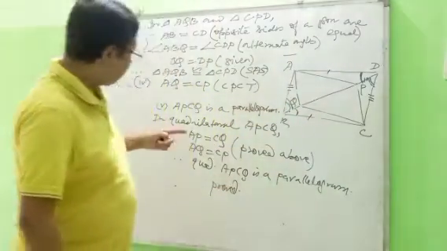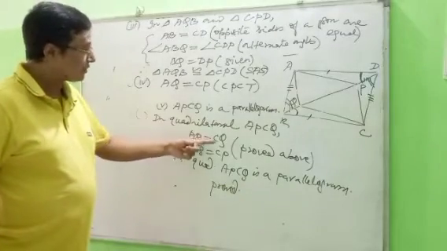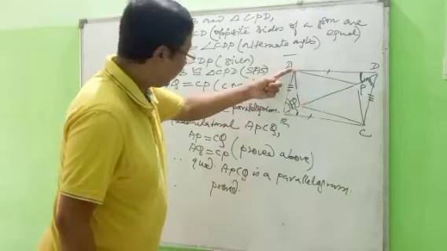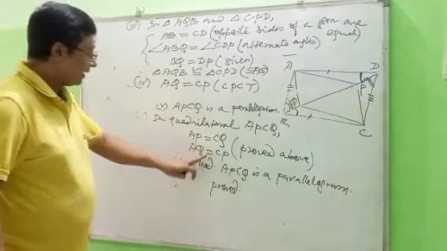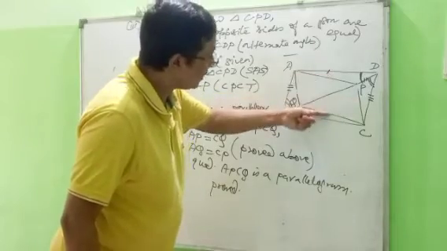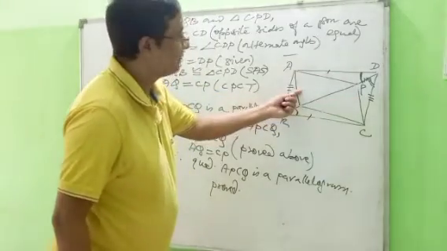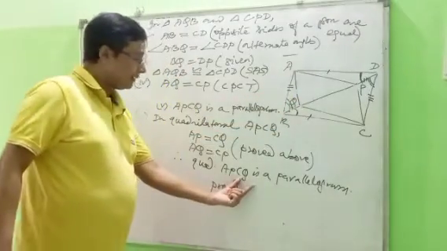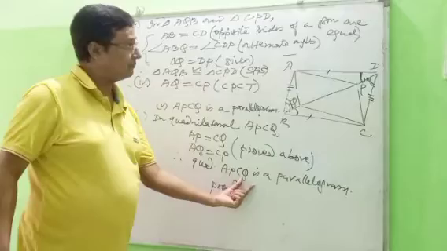So since you have got AP equals CQ, and then AQ equals CP, these two are equal. Since both the pairs of opposite sides are equal, that is why ABCQ is a parallelogram. So it is proved.